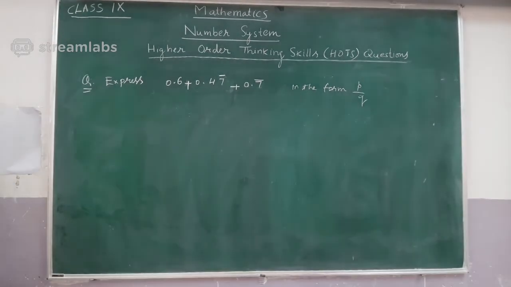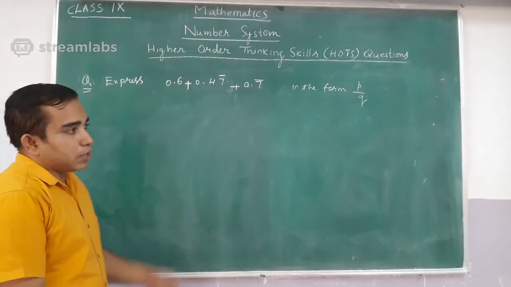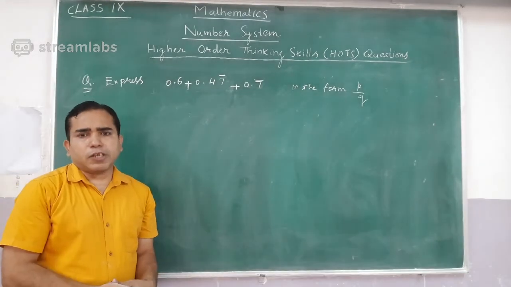Here three different numbers are there, and their sum is to be written in the form P upon Q. No problem.